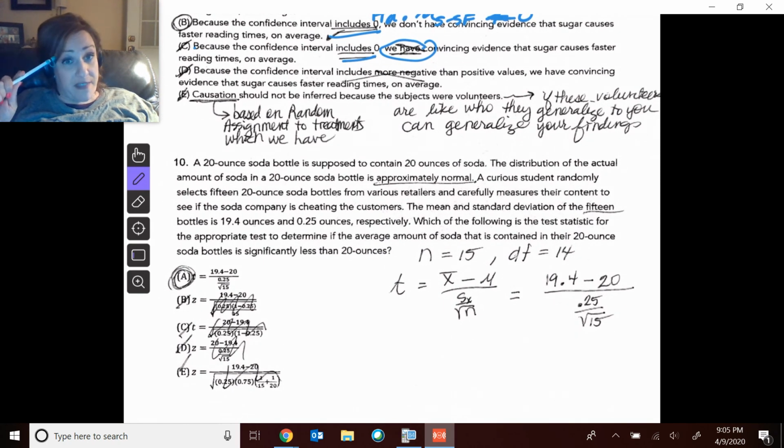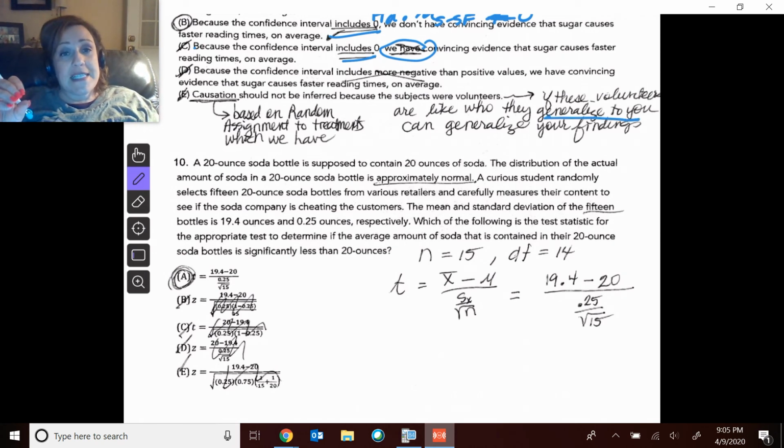Now E made me think. E made me go, ooh, should I? Let's see. E says causation should not be inferred because the subjects were volunteers. And I remember there's something about that, we can't necessarily generalize if we have volunteers, so being volunteers has to do with who we can generalize to.